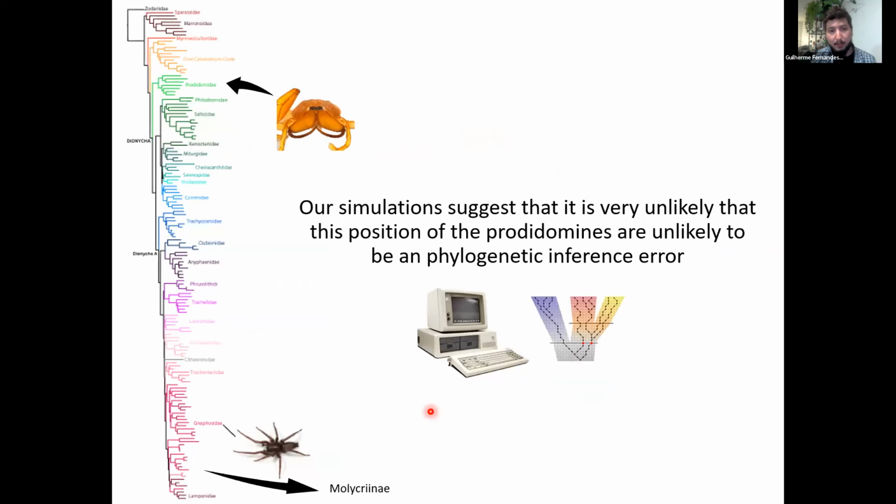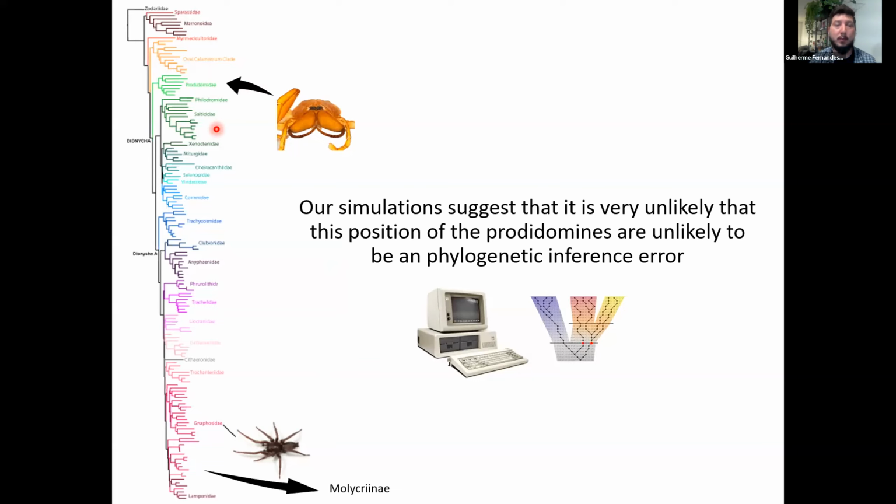Our results suggest that it is actually very, very unlikely that the amount of incomplete lineage sorting found in our data would lead to a wrong inference of the relationships of Predominant.